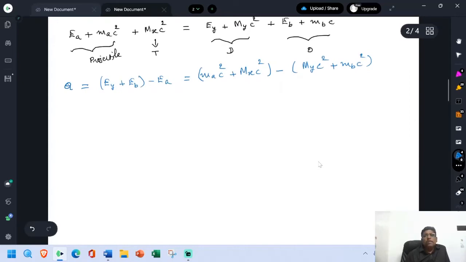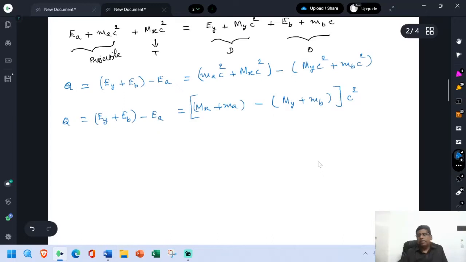This is equal to mx plus ma minus my plus mb, the entire thing multiplied by c square. This is Q equal to EY plus EB minus EA. This is equation 1.